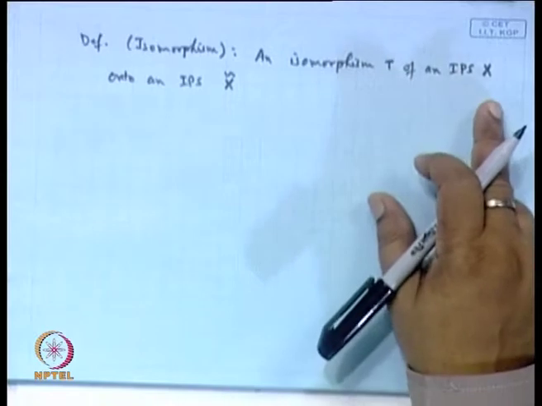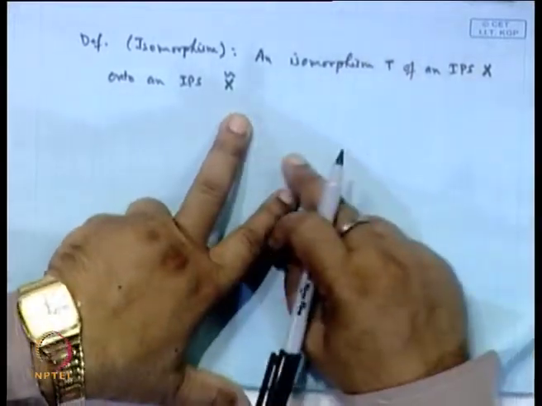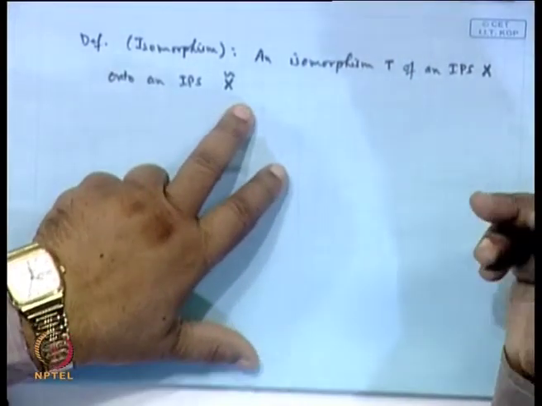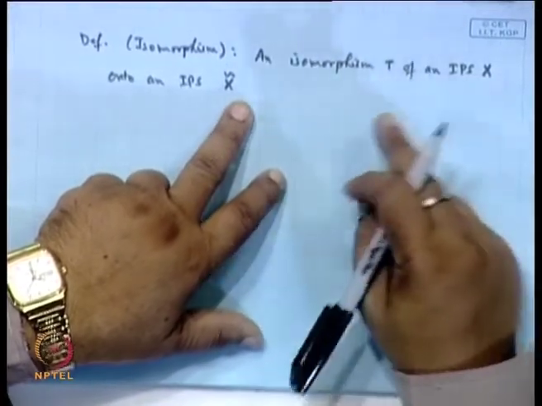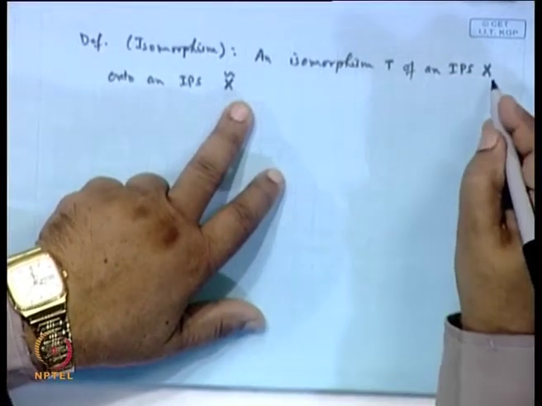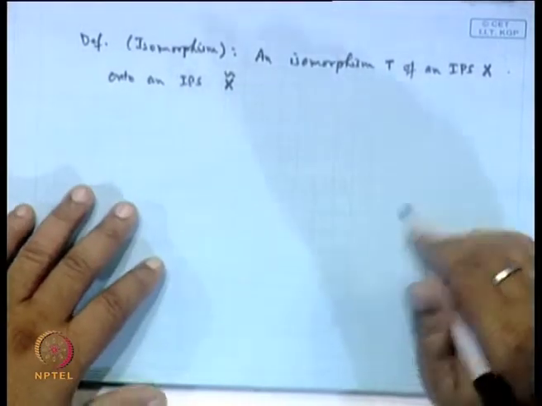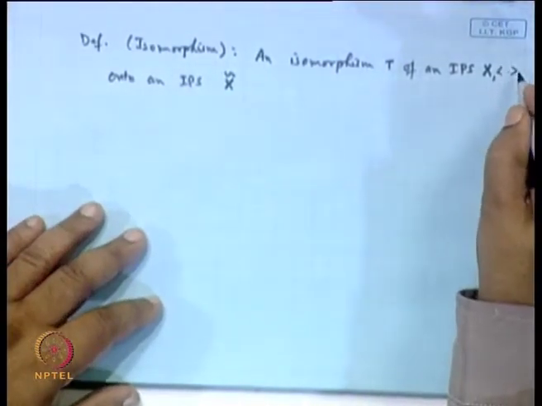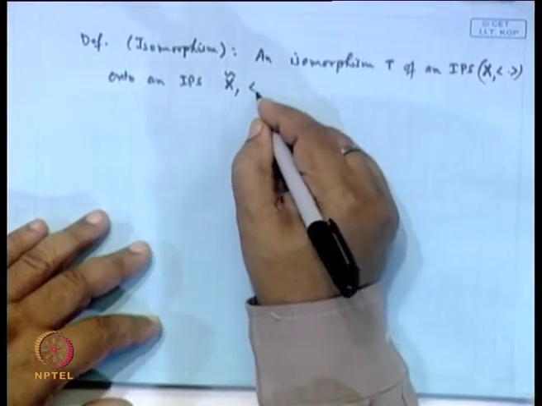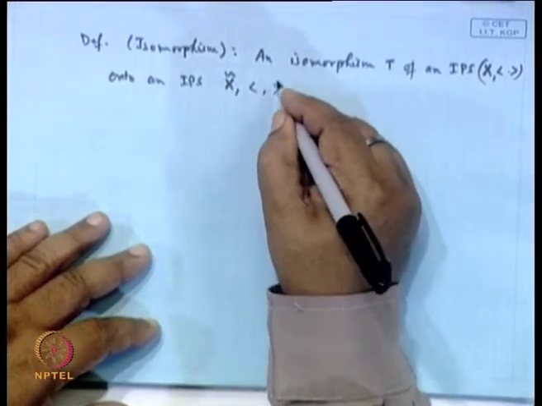I am taking the same inner product in both the cases. It may be different, of course, but for the sake of simplicity, I am choosing the same inner product. Otherwise, we can write this as inner product and this is dash delta. Both will be okay.